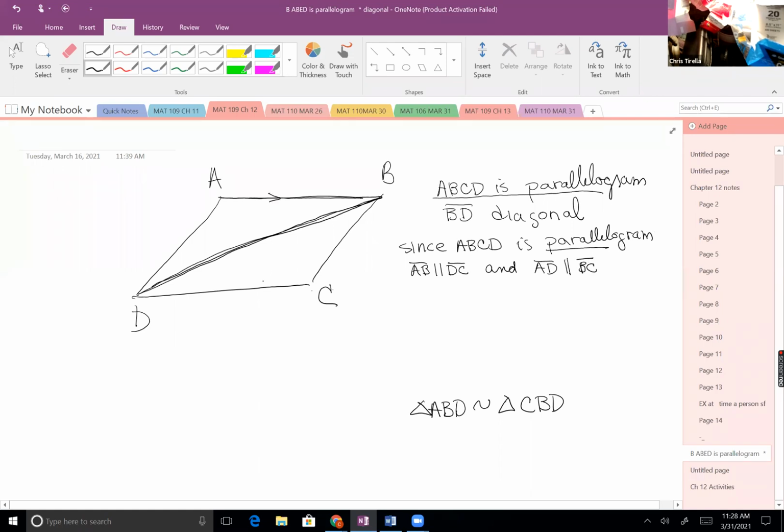If these are parallel, wouldn't this diagonal be my transversal? And couldn't I say over here, this angle is congruent to this angle? And so if AB is parallel to DC, angle 1 is congruent to angle 2 because they're alternate interior angles.